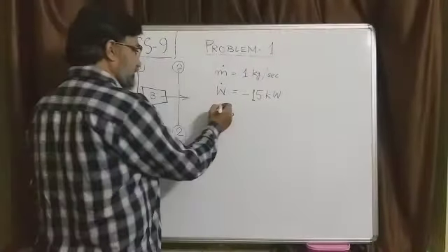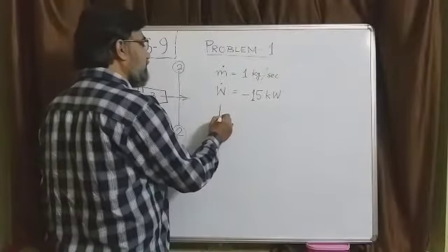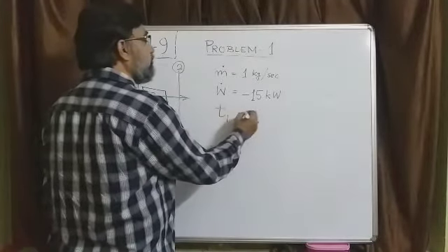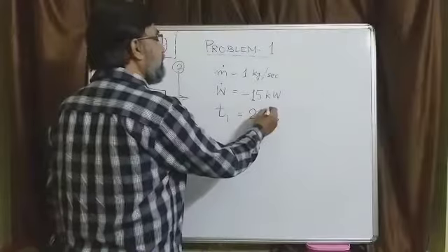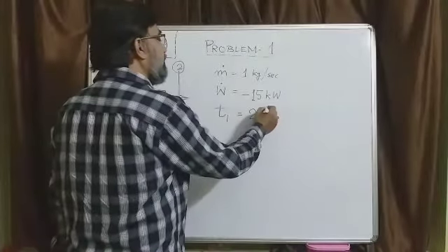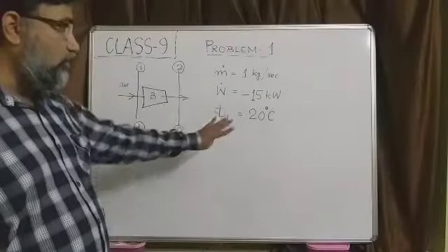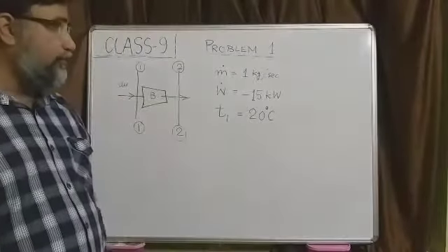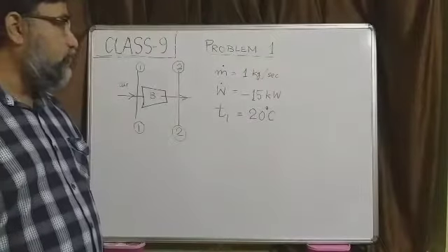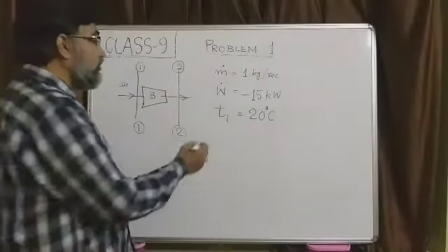What is the temperature at the entry? Temperature at the entry T1 is 20 degree centigrade. If it is required, we will convert it to Kelvin. If it is not required, let us keep it at 20 degree centigrade now. What else is given? Velocity at point 1.